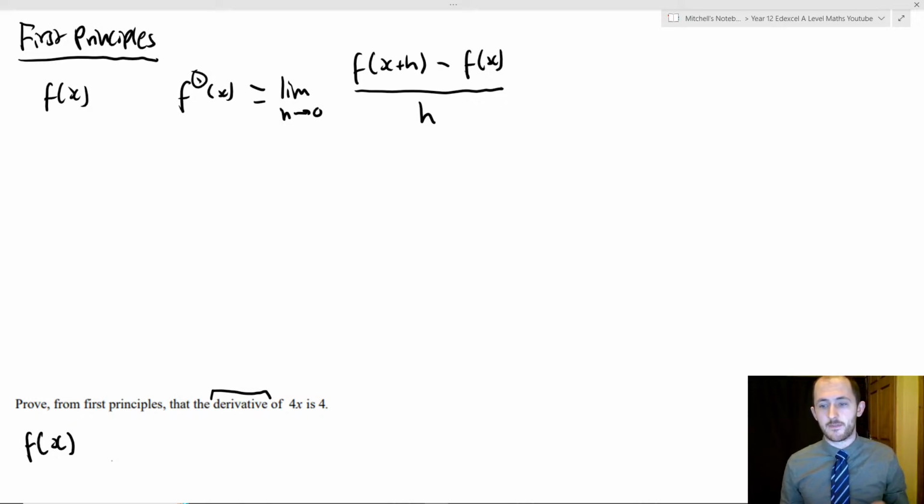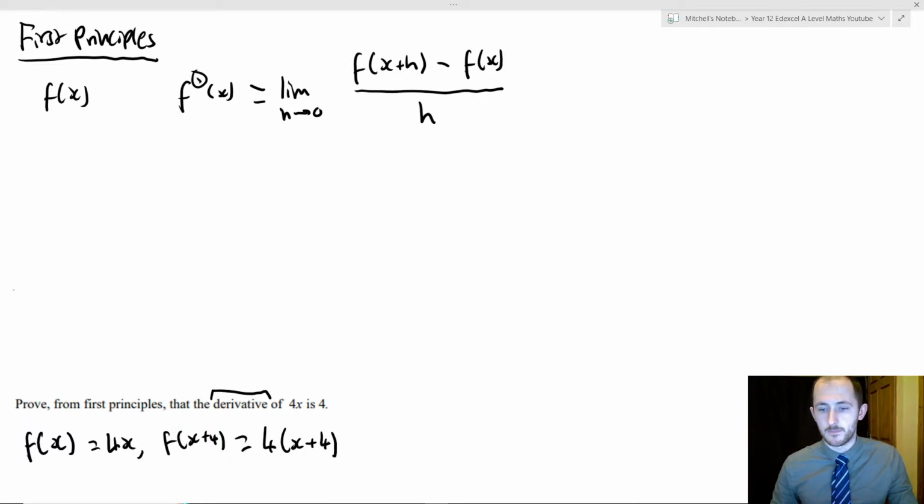So the derivative of 4x is 4 means if I differentiate 4x, I should get the number 4. So f of x is equal to 4x. Now, f of x plus h, I'm replacing x with x plus h, so that would be 4x plus 4h.